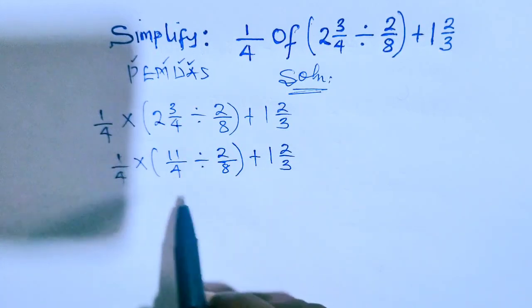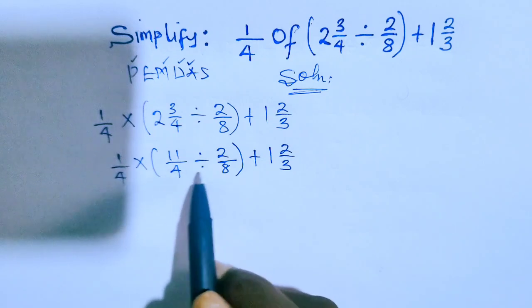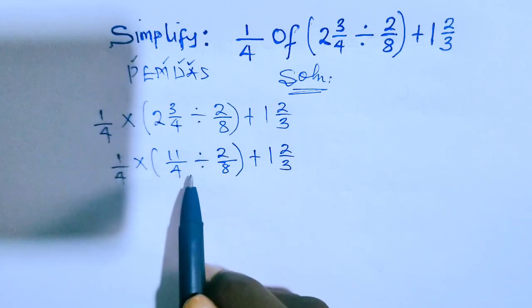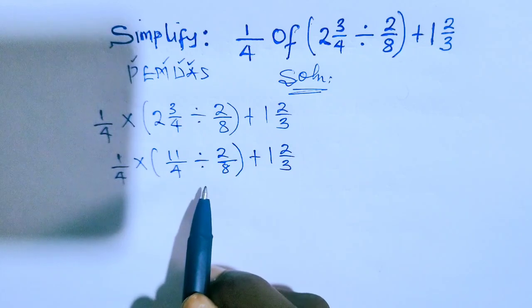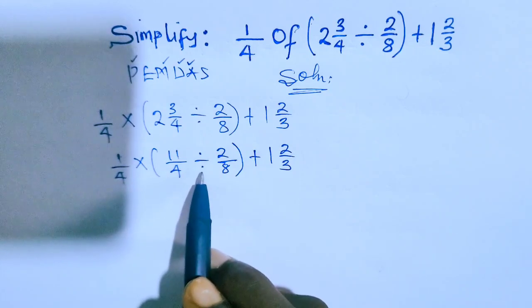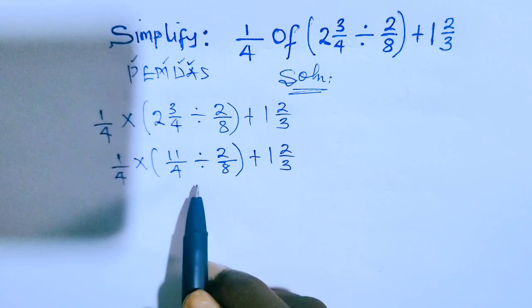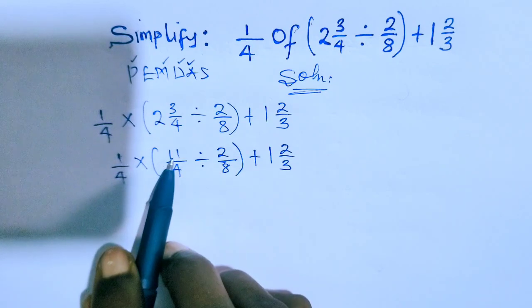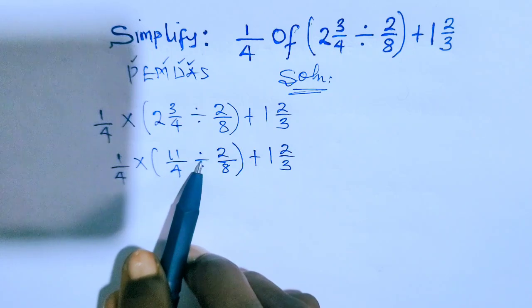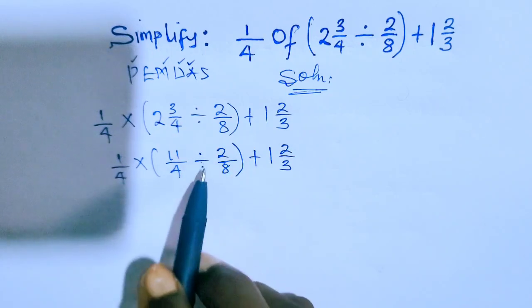Now still inside the bracket, we have division here. That means the multiplication was not completed. Now here, we are going to apply KCF. That means you are going to keep this, we change this, and we flip this.